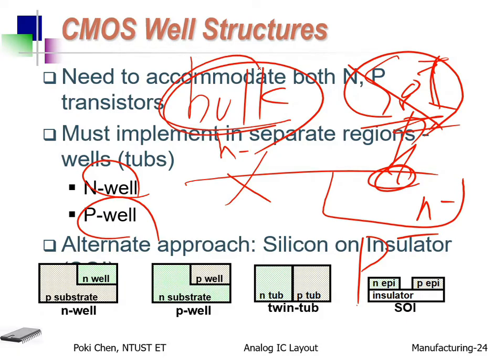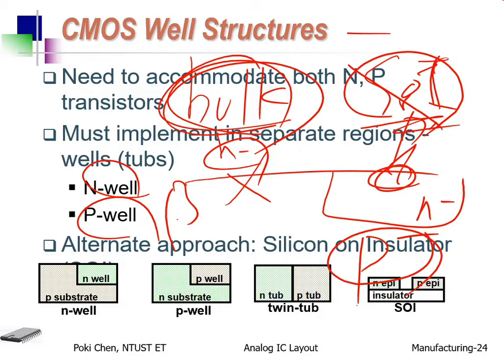As I mentioned, your NMOS can be fabricated directly inside the P substrate. That is called bulk. Bulk is sometimes referred to as your body. So you have very strong interference between your substrate, your bulk, and your device. So in theory, the bulk process gets a little worse performance than SOI. However, nothing is free.